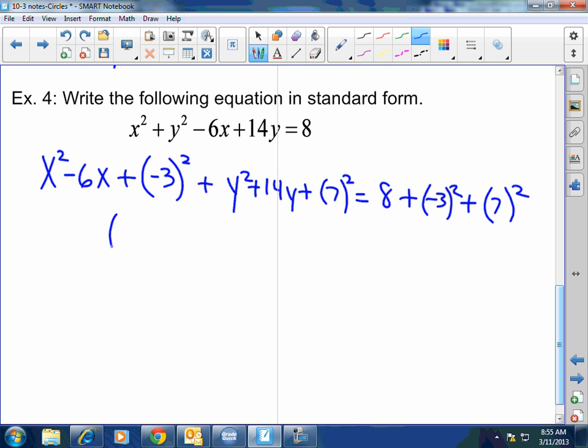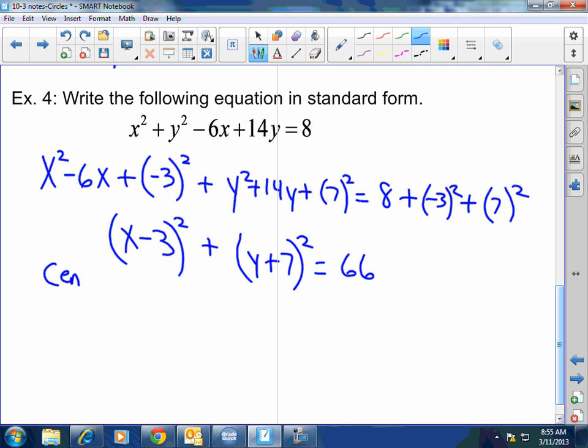That's going to give me exactly like you guys said, (x - 3) squared plus (y + 7) squared equals 66. Very good. The radius, well, the center, let's talk about it. The center here would be 3, negative 7. Excellent.